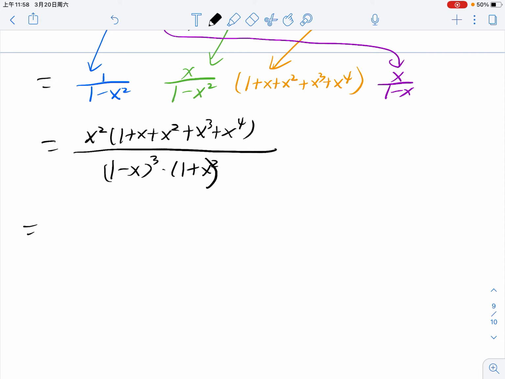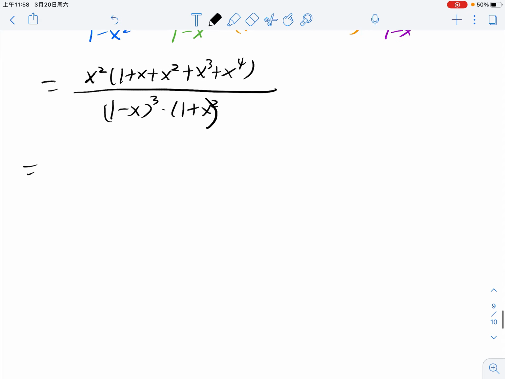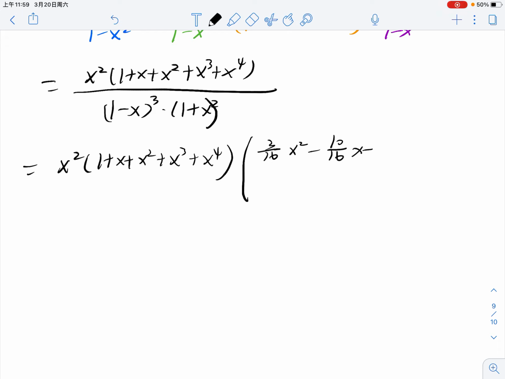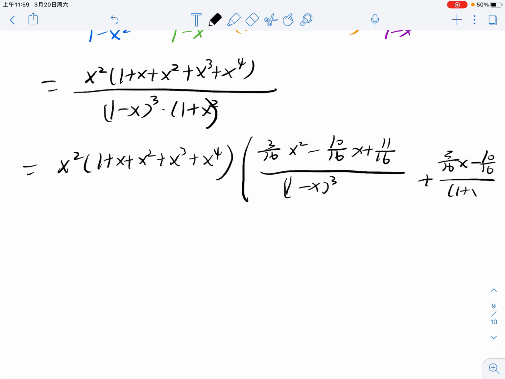And then if you use partial fractions, you need to solve equations, but I will just give you the result. You have these two fractions.